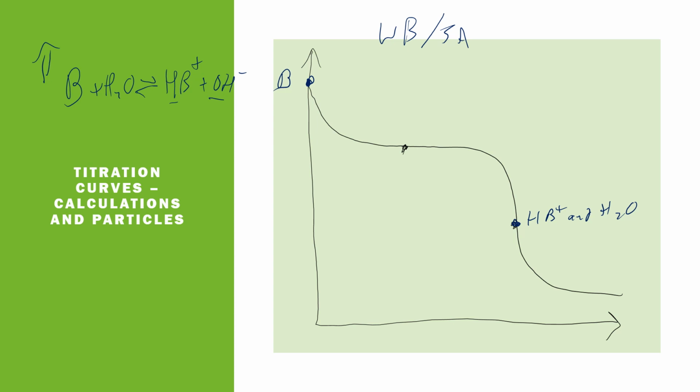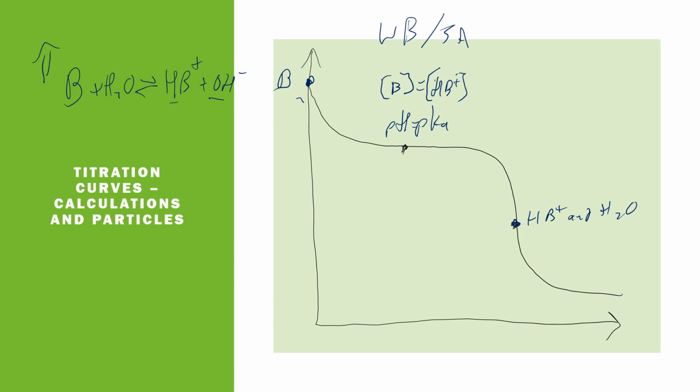At half equivalence point, we know that the pH is equal to the pKa. We also know that the concentration of base is equal to the concentration of the conjugate acid. So that's at half equivalence point because half of the base has reacted to form conjugate acid.